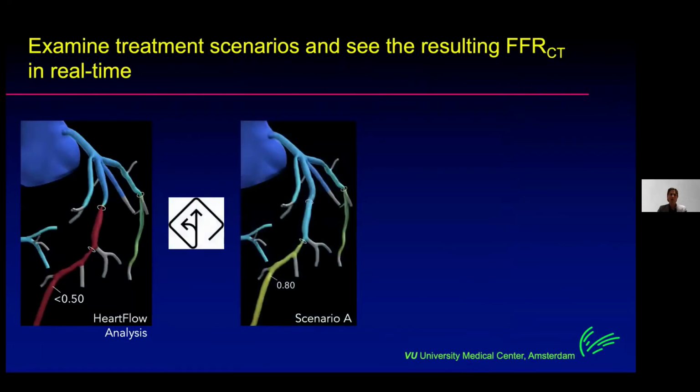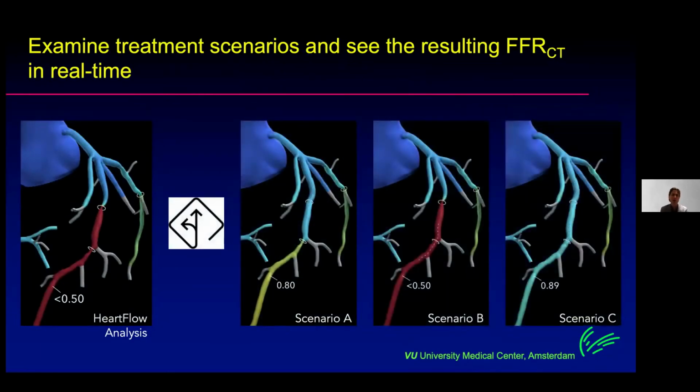So this is a slide I obtained from Charlie Taylor, obviously commercially driven by HeartFlow, but I'd like to show it anyway because it gives a comprehensive view. On the left-hand side, 2 types of lesions and what you can obtain by virtual stenting. On the right-hand side, whether you place 1 stent, 2 stents, what size of stents, and whether or not that's going to be a beneficial approach.